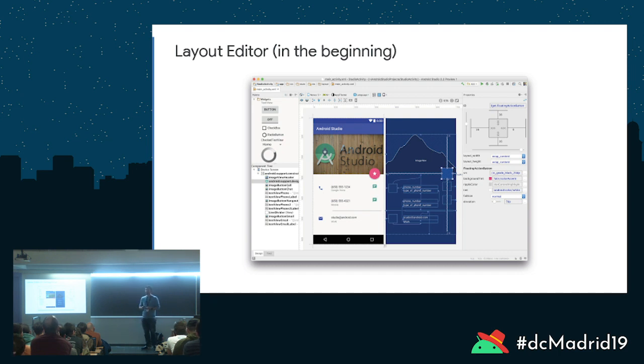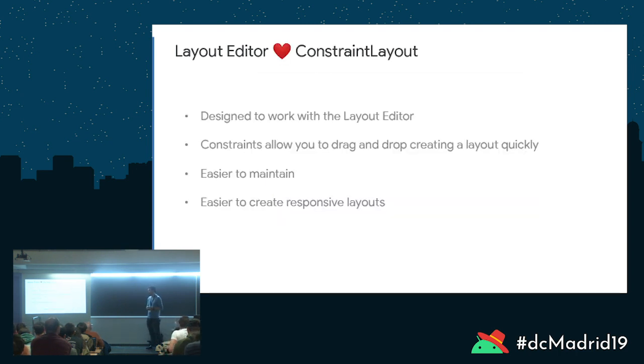And this is a problem that is not specific to Android. This is a problem that is also in other platforms. So we created ConstraintLayout to basically fix that. As I said, it's designed to work with the layout editor. You basically can drag and drop and move things around to change your constraints. It is easier to maintain, and when I say easier to maintain, it's not easier to maintain than a linear layout, obviously.